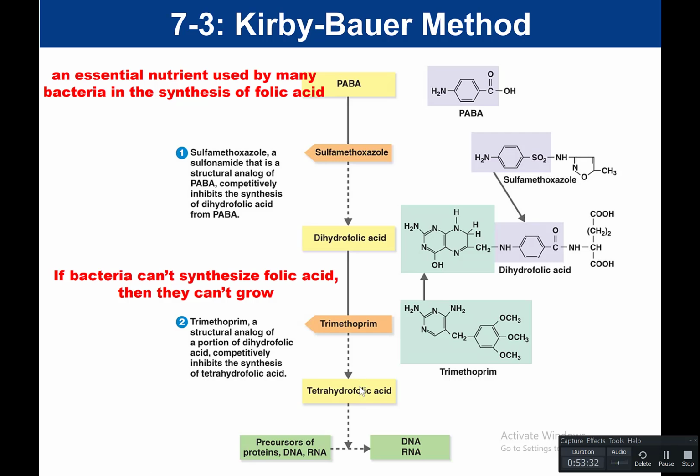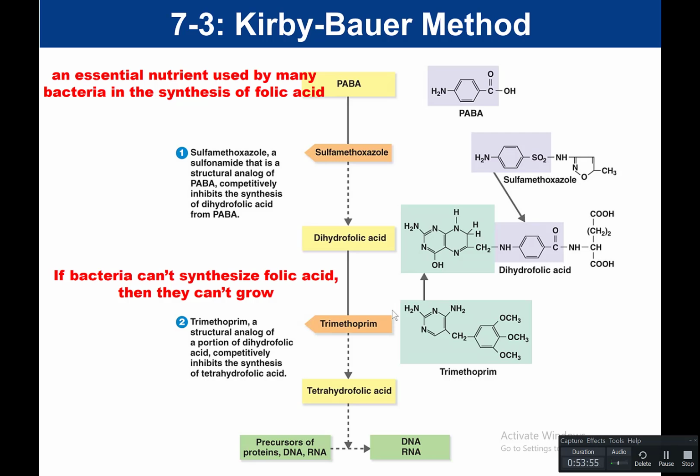And so the sulfa drug inhibits this step, trimethoprim inhibits this step. So when combined, they're much more effective because it's hitting this pathway in multiple places and ensuring that folic acid can't be synthesized. And if bacteria can't synthesize that folic acid, then they can't grow because they can't make their nucleic acids.